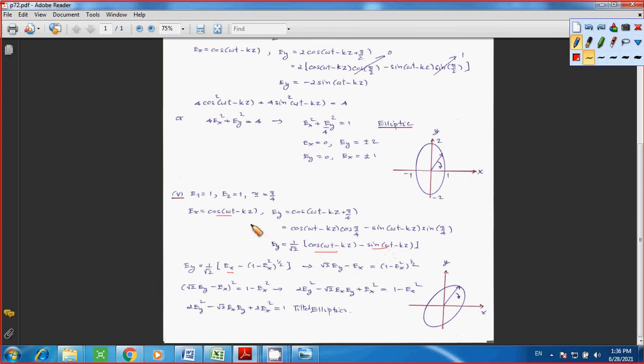And your sine you can write in terms of EX, equal to the square root of 1 minus cosine squared, where cosine squared is EX squared. You rearrange the terms, you end up with 2EY squared minus square root 2 EXEY plus 2EX squared equal to 1. This becomes a tilted ellipse, as shown.